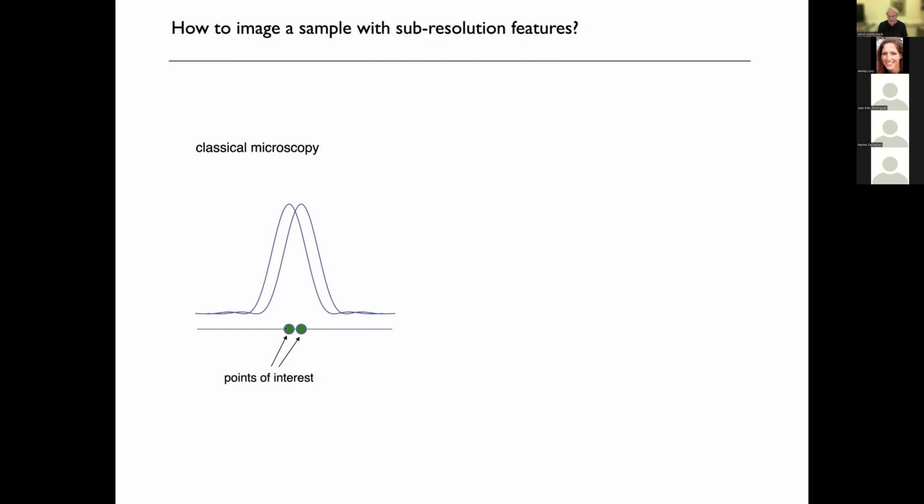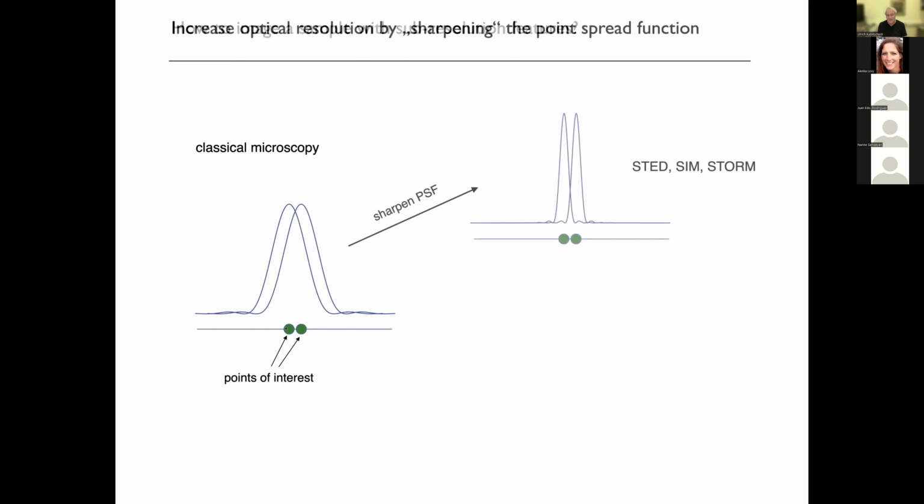So in the past 20 years, scientists developed several techniques in order to improve the resolution so that we can indeed resolve such closely related points. That is usually done by sharpening the point spread function using techniques like STED microscopy, structured illumination microscopy, or STORM microscopy. And these physically improve the resolution. So this is one approach to achieve that goal.